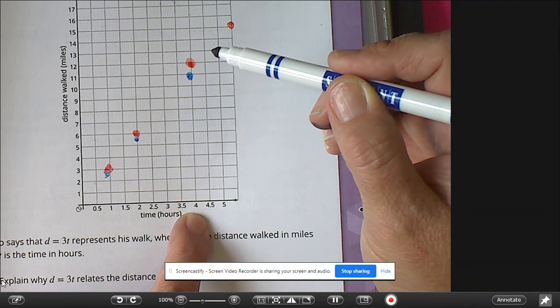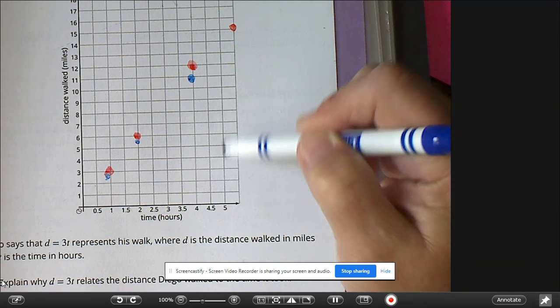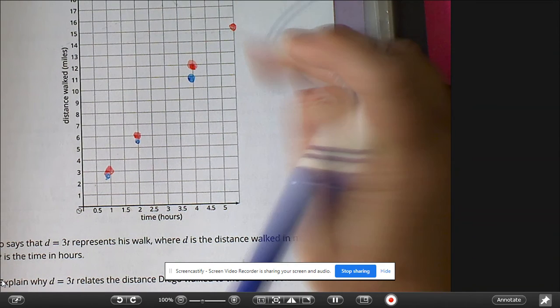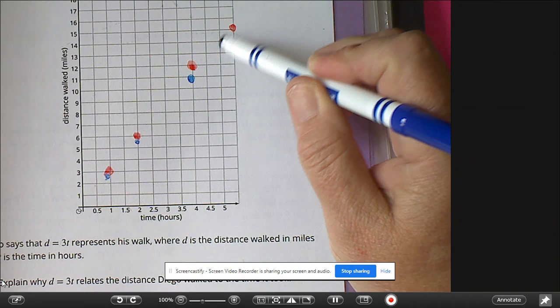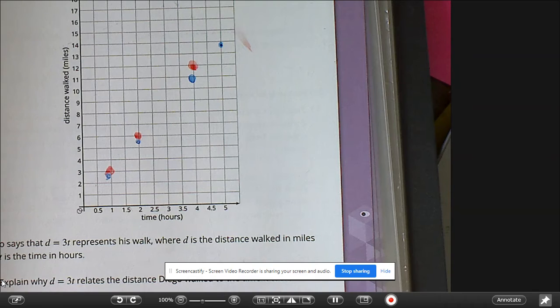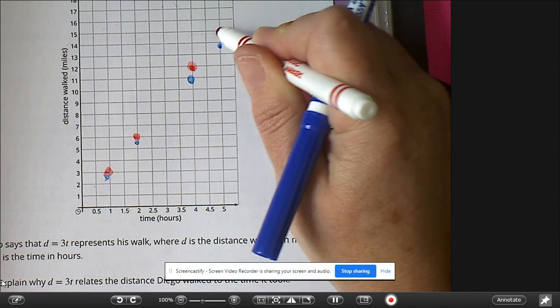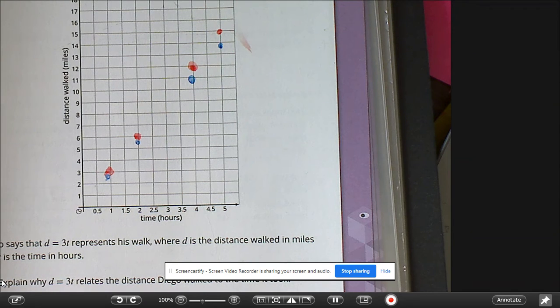And in 5 hours, she walked 13.75. And my red one should have been here. Okay.